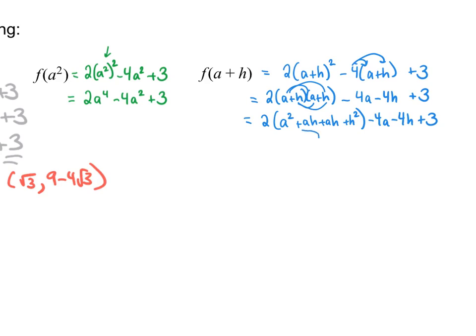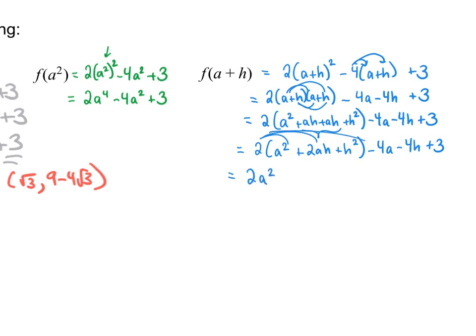So I notice I can add these two together. So I get 2 times (a squared plus 2ah plus h squared) minus 4a minus 4h plus 3. And then I will distribute the 2.